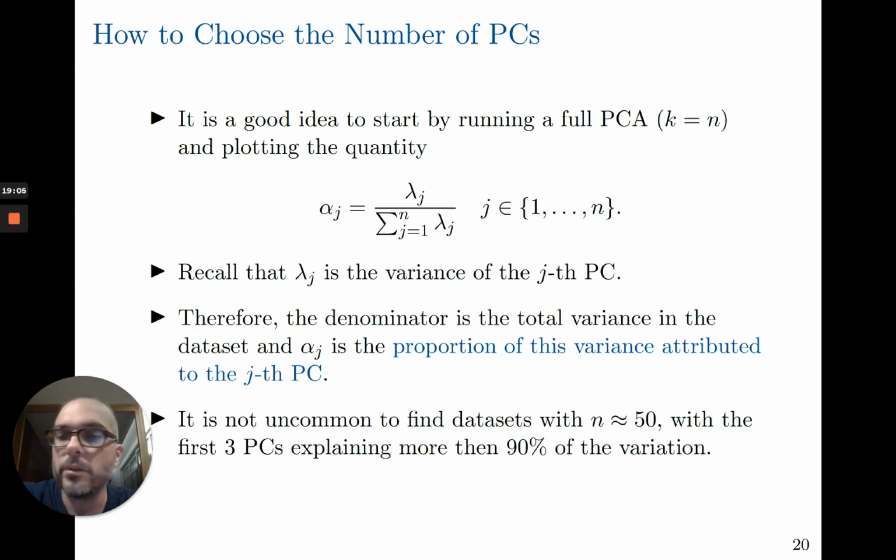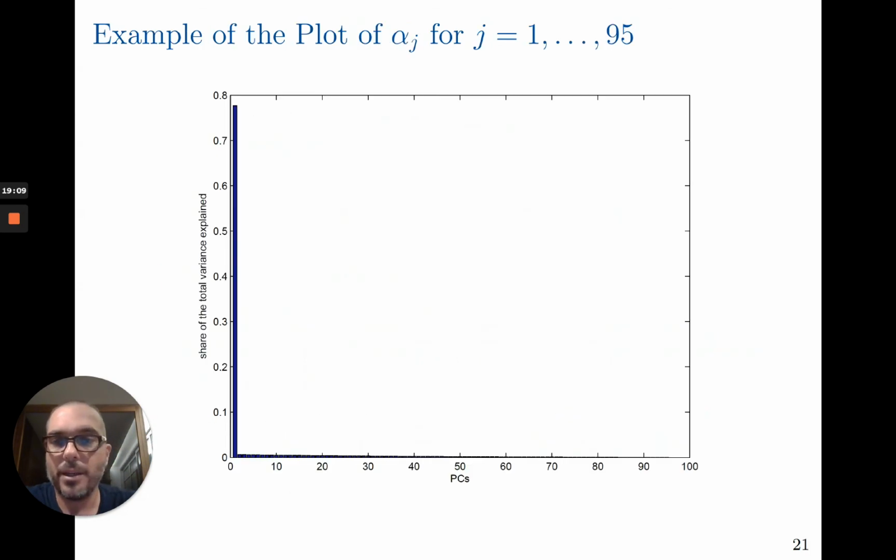This is not uncommon for us to find in practice. So this is an example of some data where we plot alpha j, and you see that the first principal component explains almost 80% of the variation, and the rest are just minor contributions. So in this case, with a single principal component, you explain most of the variation without losing much. Okay?